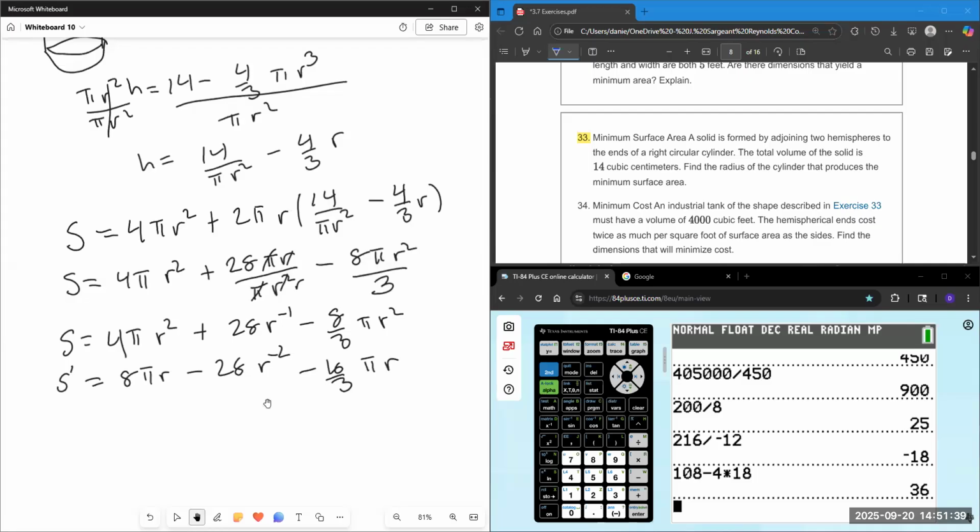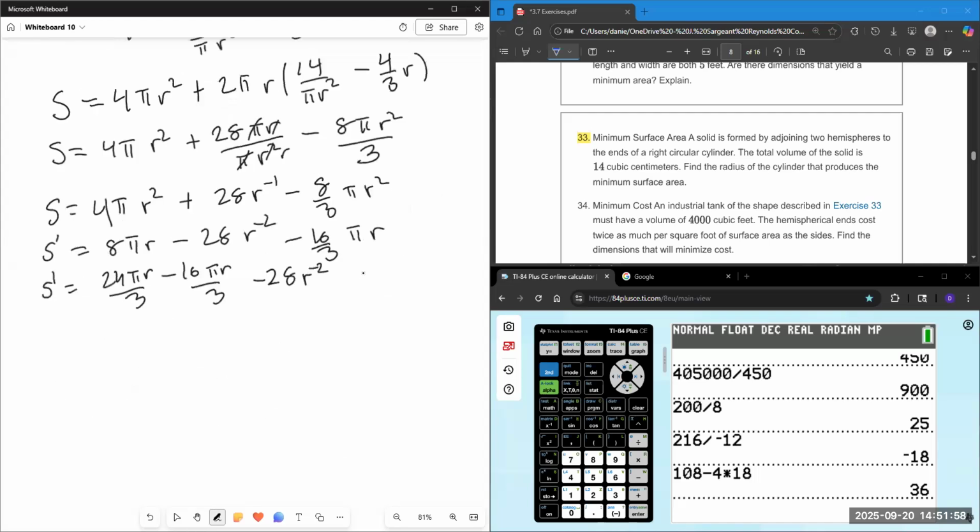And let's do this. 24 pi r over 3, 16 pi r over 3, 28 r to the negative second. Put those like terms together: 8/3 pi r minus 28 over r squared.